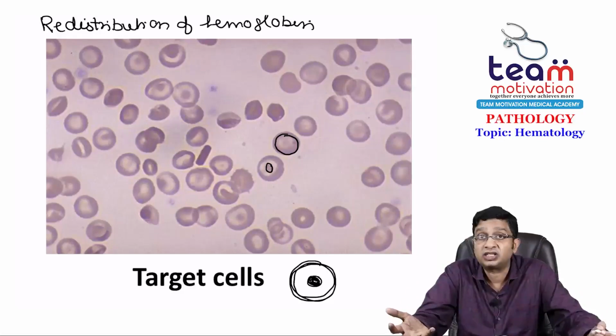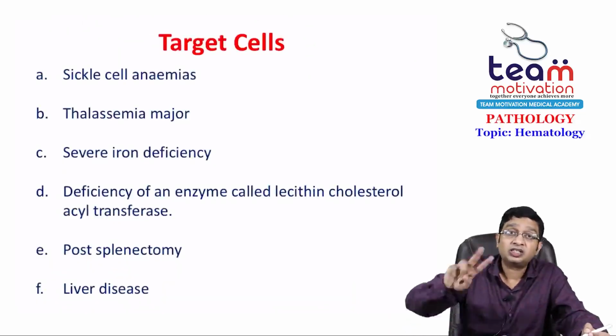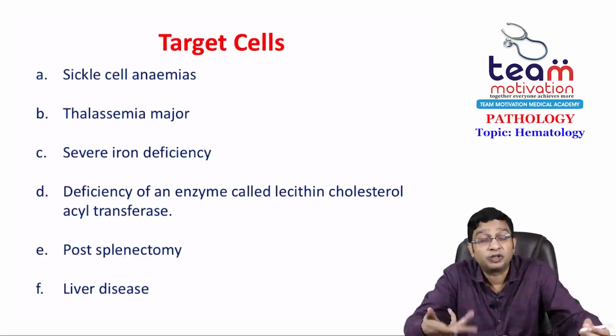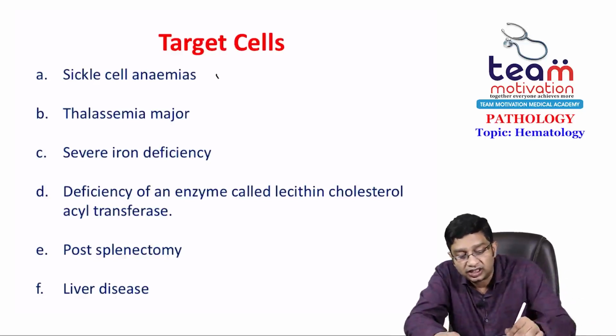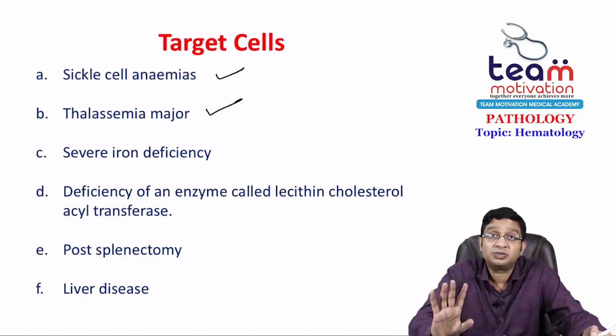And quite often this question is asked: in which conditions do you see target cells? You can easily remember like this. There are two conditions where there is a defect in the hemoglobin, and the two major ones are sickle cell anemia and thalassemia major.